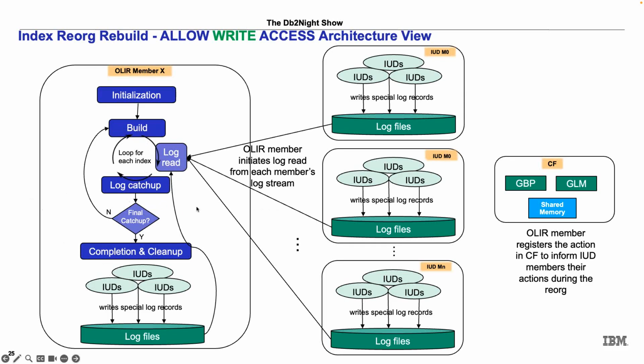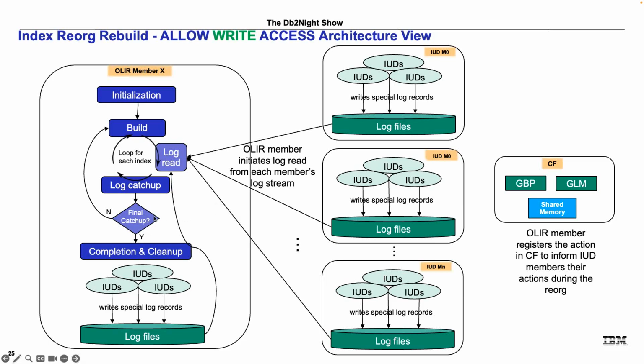If you have a heavy workload and new log records keep coming too fast, and the online index reorg cannot catch up in time, then the reorg will move on to the next index to keep the reorg progressing. Okay, then for the final index, we'll upgrade the table lock to U mode and stop new IUD activities.